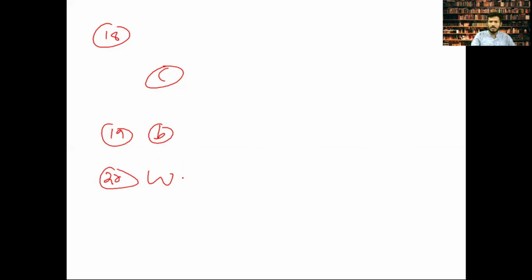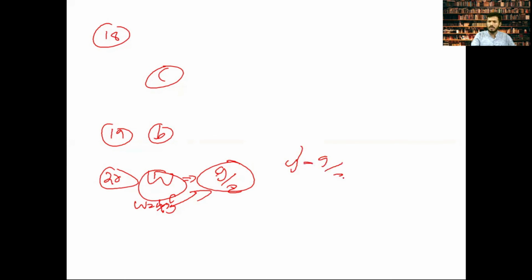When it is half, g is half, g by 2, because W equals mg. When weight becomes half, mass is not changing, g is changing. g dash is g by 2.